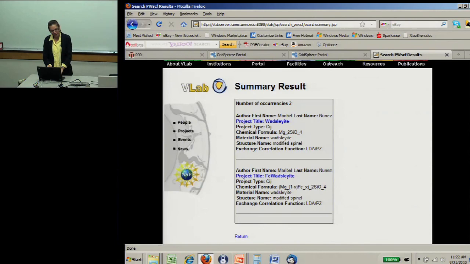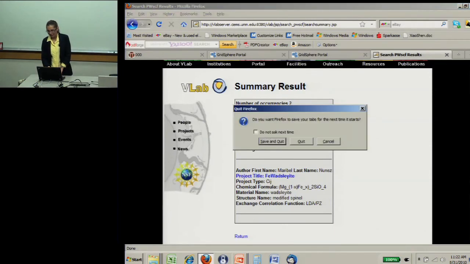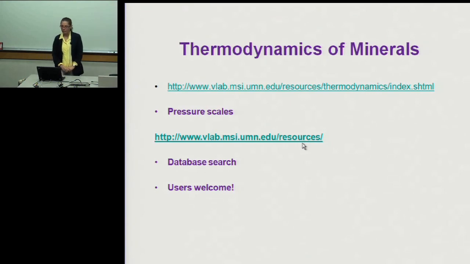So I believe this could be instructive for people learning how to do these types of calculation. And of course, the system today runs only Quantum ESPRESSO, but the executable is not an issue. It could run other codes as well.